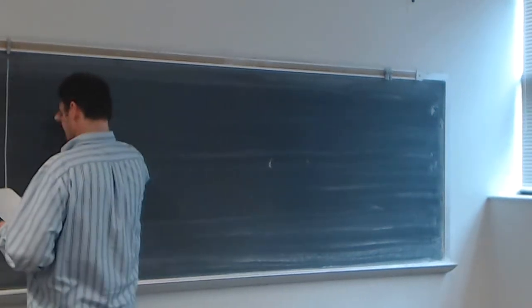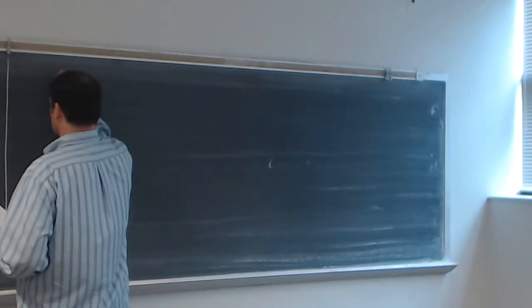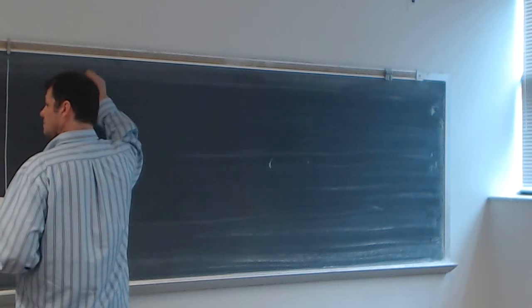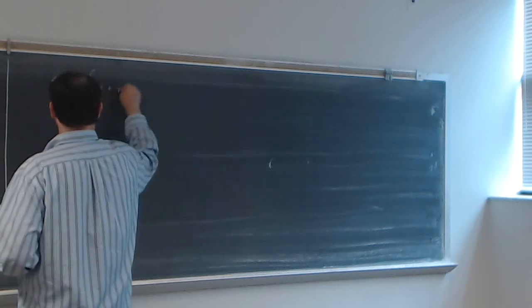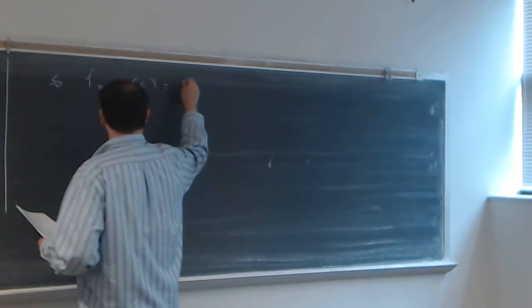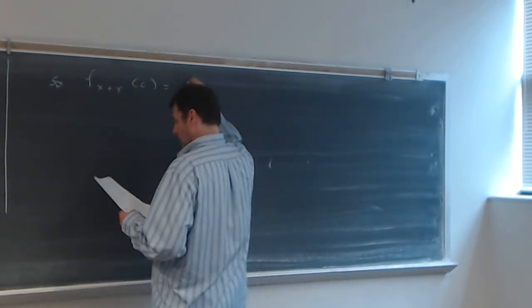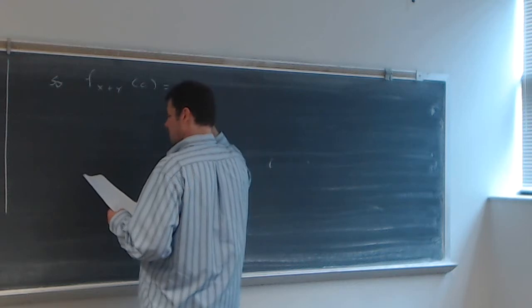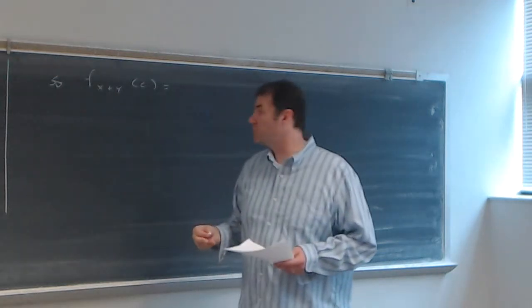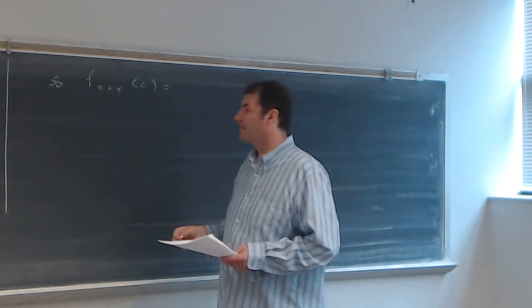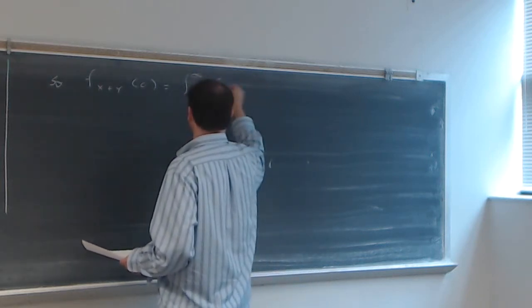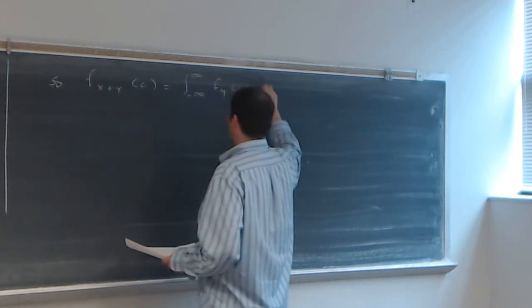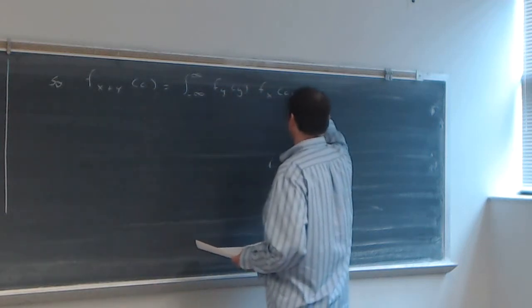So, f of x plus y acting on a. Well, by definition of what we found, it's going to be that convolution. And here, let me write that down one more time. Minus infinity to infinity, f sub y of y, f sub x of a minus y, dy.